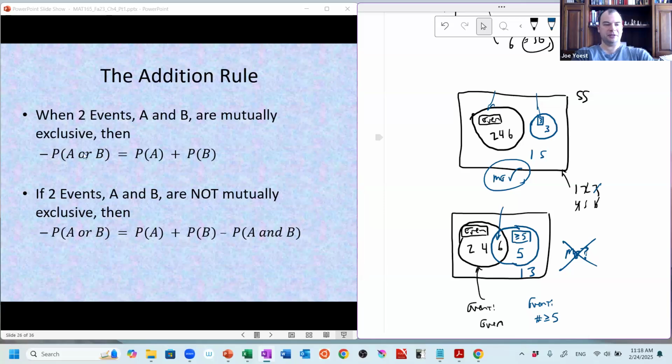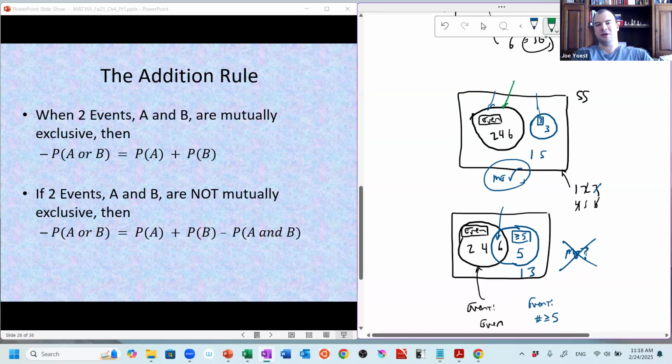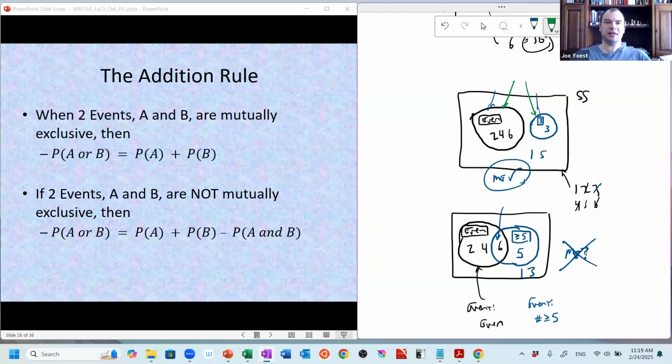So if I have a compound event, A or B, right, I'm asking, did this event occur or this one? Well, if these are mutually exclusive events, I can just count up the number of outcomes in the first event, count up the number of outcomes in the second event, and essentially add those together and then divide by the sample space. When I have mutually exclusive events, probability of A or B just turns into probability of A plus probability of B.